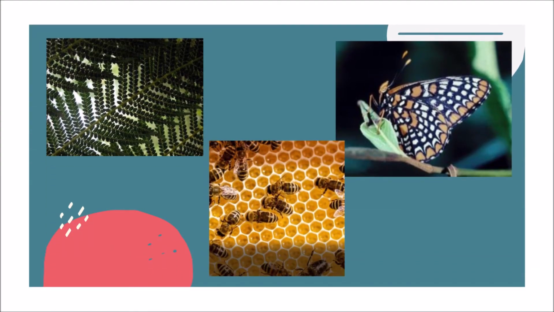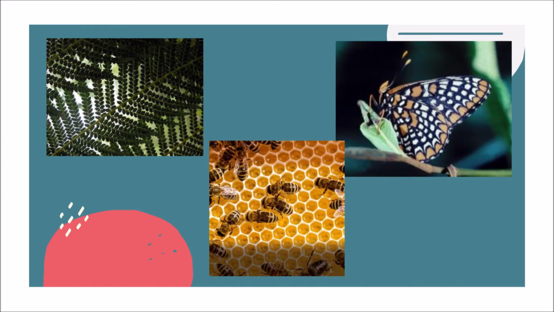You can have different patterns in the nature around us, everywhere we go. There are patterns. Later, when you go home, I want you to think about things that you see either in nature or the things around your house. See if there's a pattern in them.